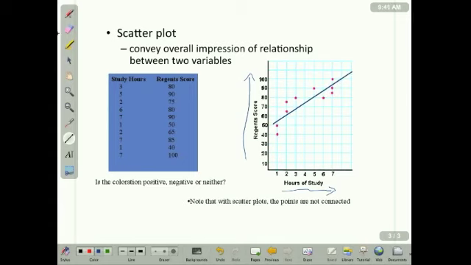This line is called central tendency. And it gives us an image that determines if it's a positive relationship, a negative relationship, or no relationship.